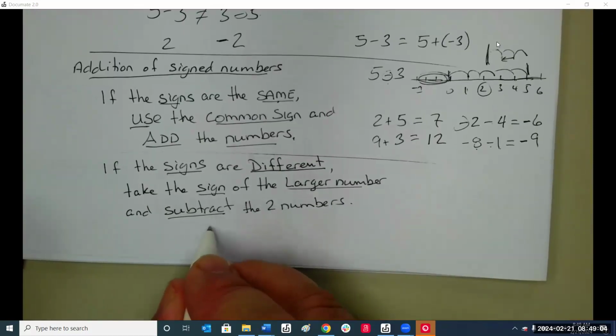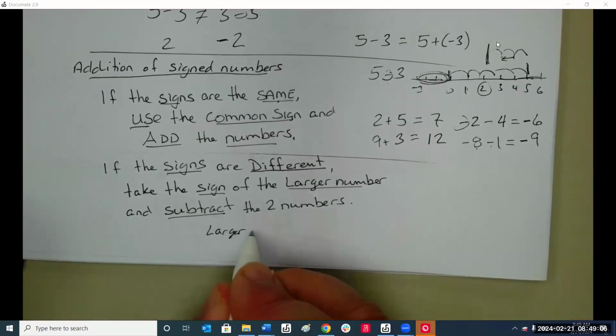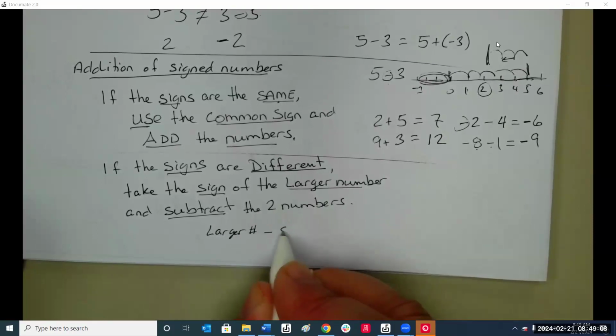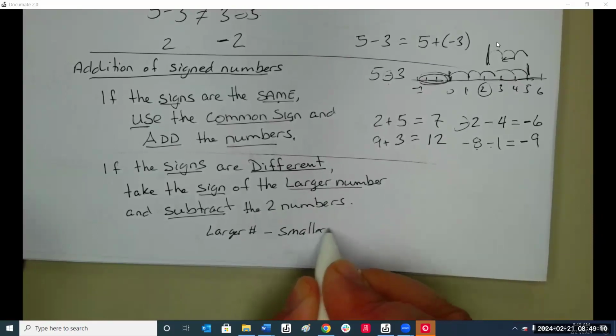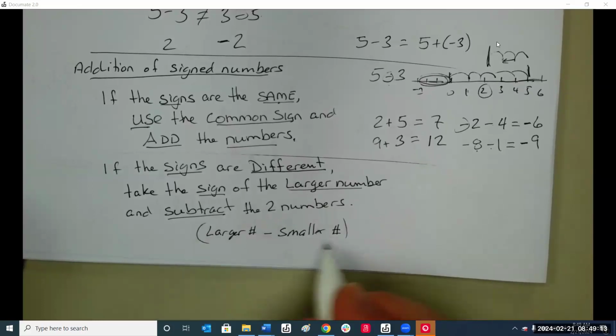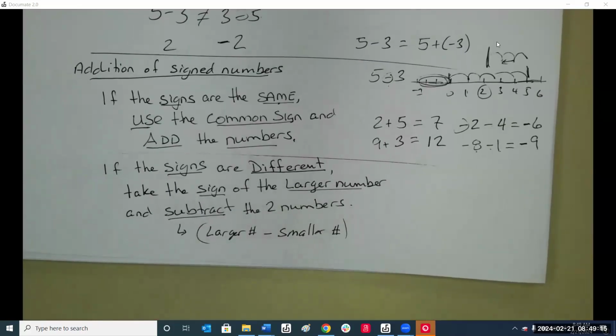When I say subtract, I mean larger number minus smaller number. That's what we talk about, subtract.